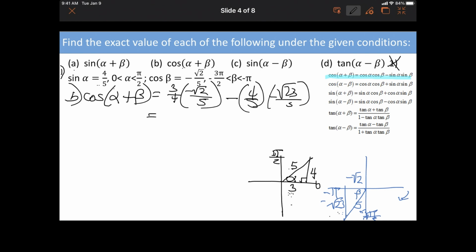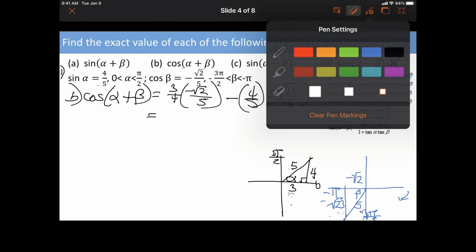All right, so one of these is wrong. I think it's this one. The cosine of alpha should be 3/5. I wrote 4. You probably actually knew that.